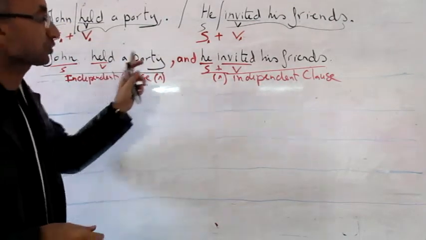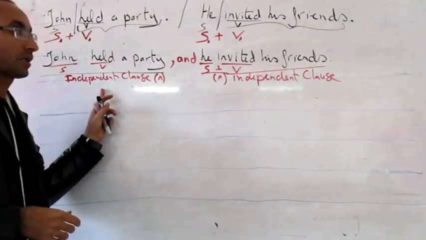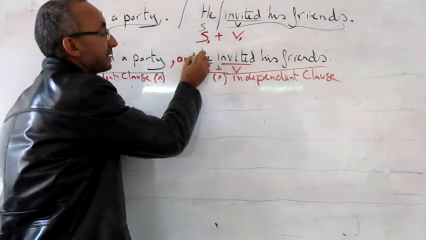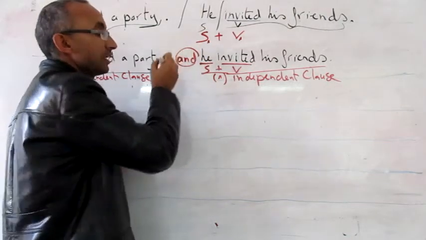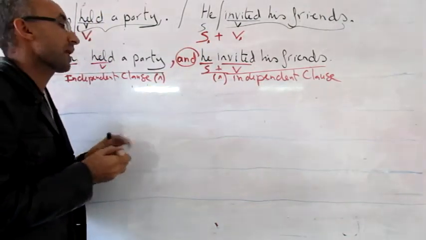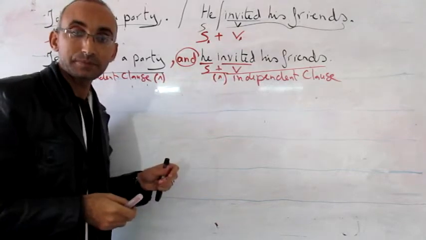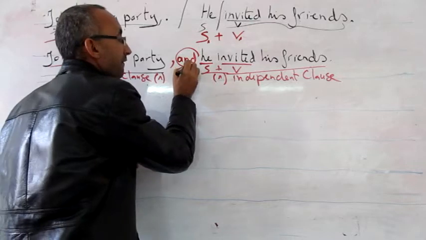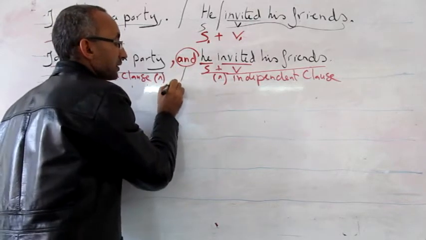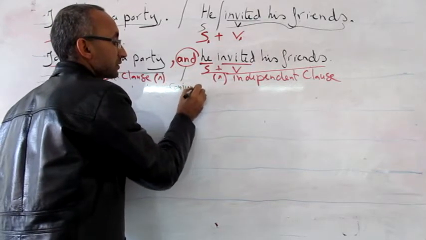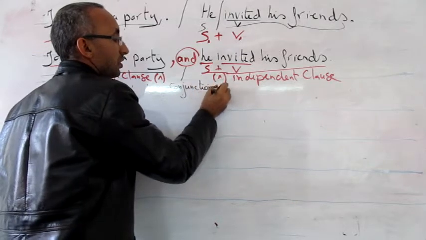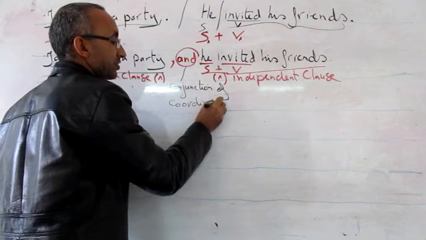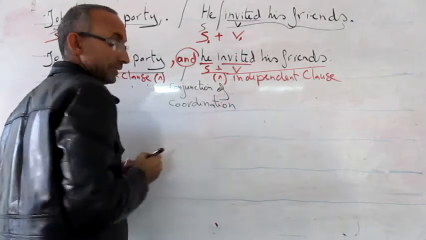Now, these two independent clauses, how are they joined? They are joined by and, which comes after a comma. What's and? And is called a conjunction of coordination. Clear?